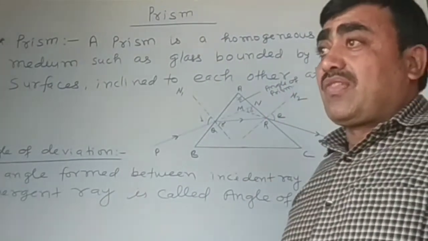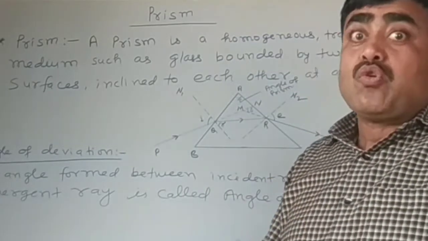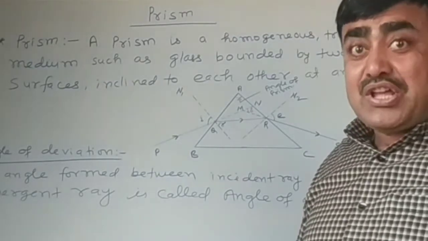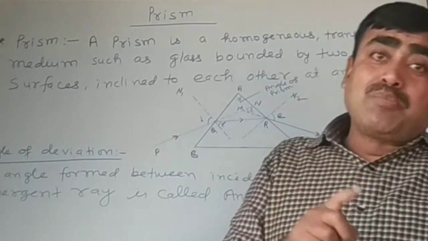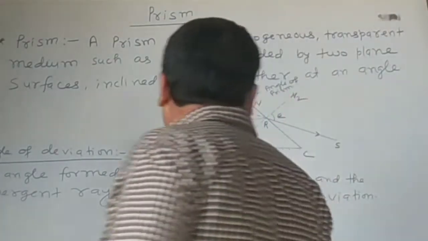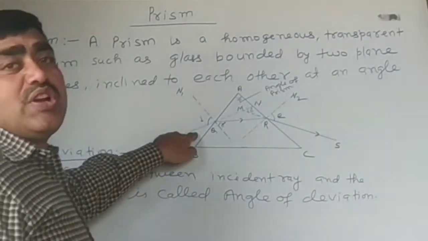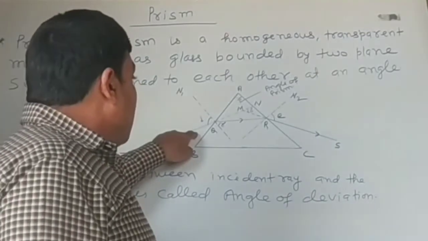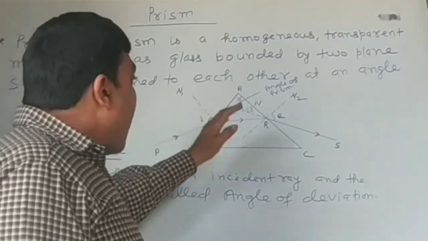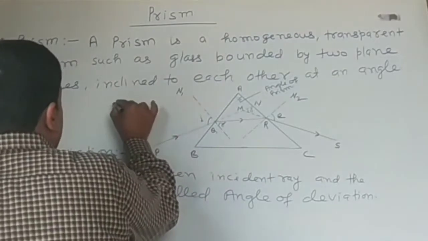Here I am telling you what is angle of deviation, which is formed in a prism. Suppose this is the incident ray, which is incident at point Q, and the prism is placed in air.